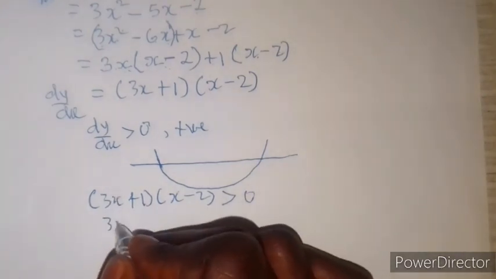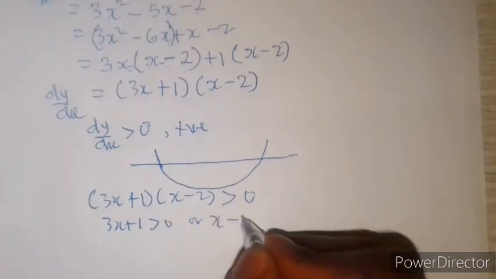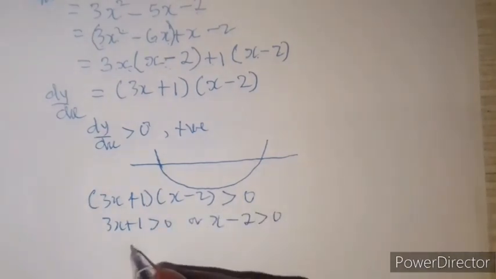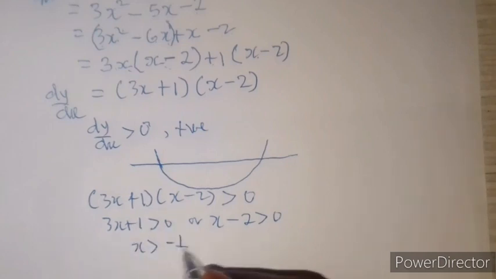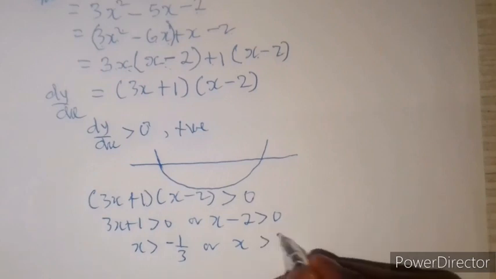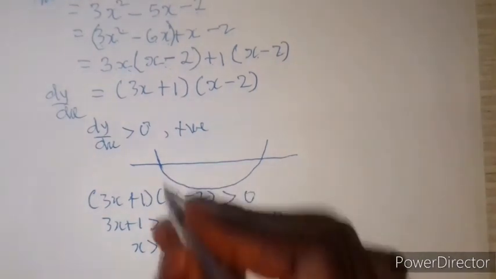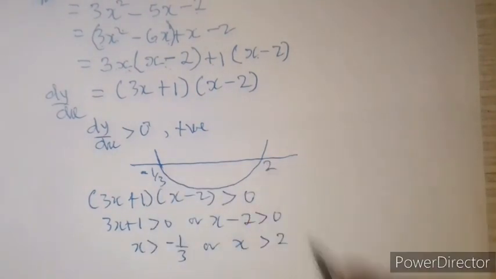What this means is that 3x plus 1 must be greater than 0, or x minus 2 must be greater than 0. This gives us x greater than minus 1 upon 3, or x greater than 2. So the two boundary points here will be minus 1 upon 3 and 2.